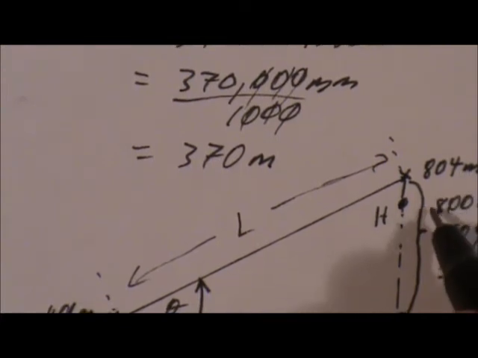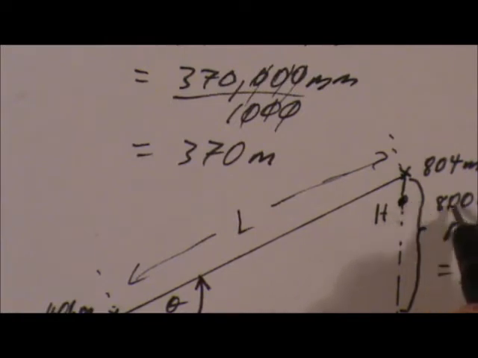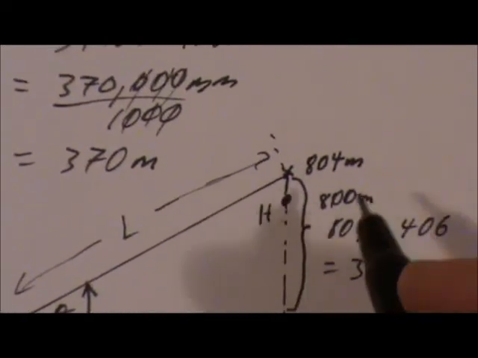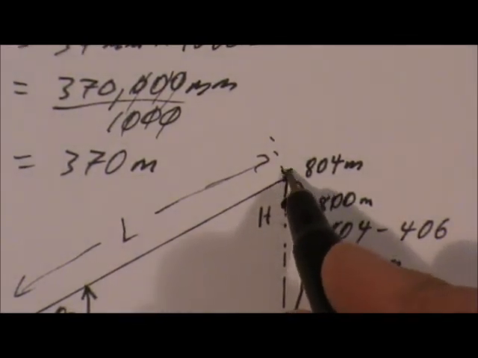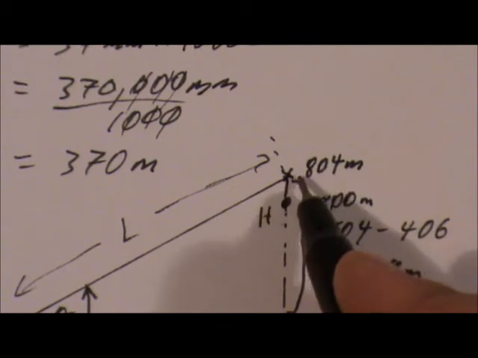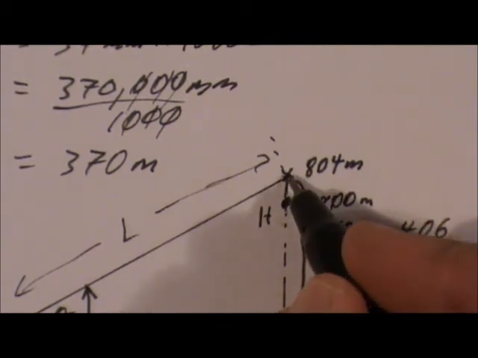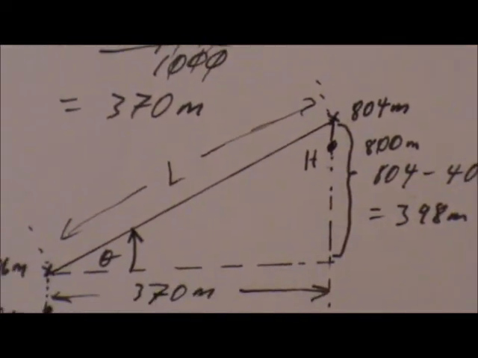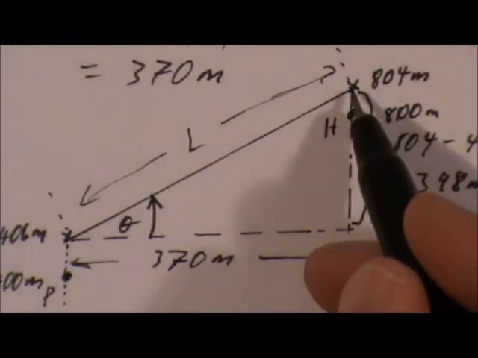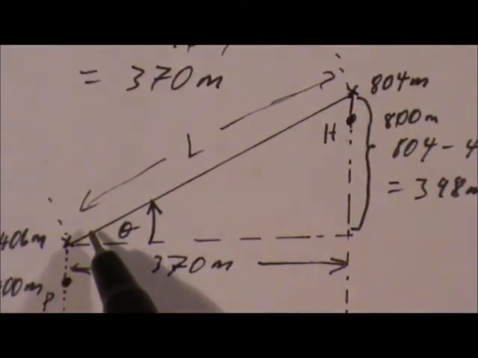The reason being is the house is situated at the peak, which is 800 meters above sea level, and the house is 4 meters high, therefore the very top of the house is 804, and that's where the power line is connected. So the top of the house down to the power pole is the length we are trying to calculate.